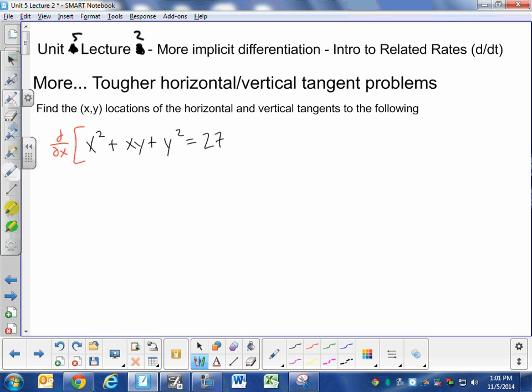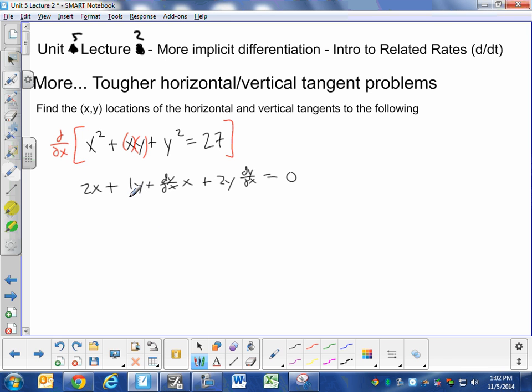dx everything. Make sure you realize that the xy in the middle is a product. It's a common mistake made. f prime g plus g prime f, plus the derivative of y squared, 2y dy dx, equals 0.